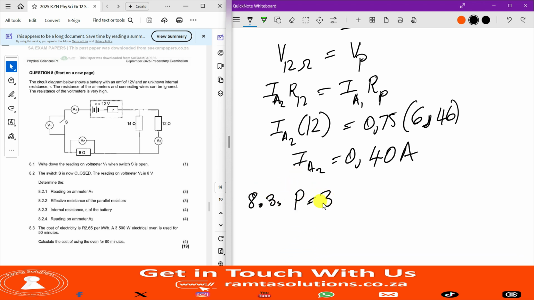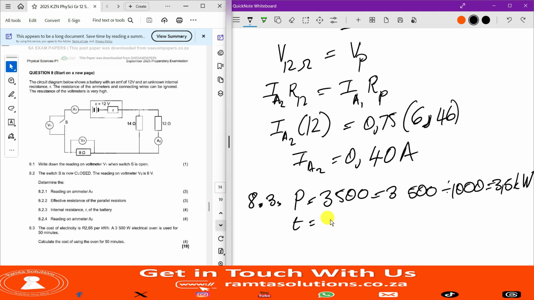It is 3,500, which converted to kilowatts, we must divide by 1,000. So this will be 3.5 kilowatts.